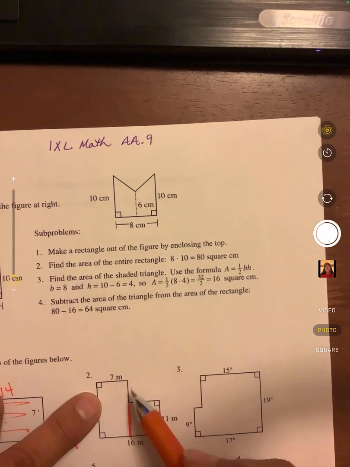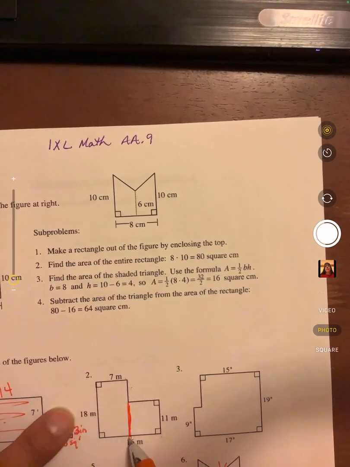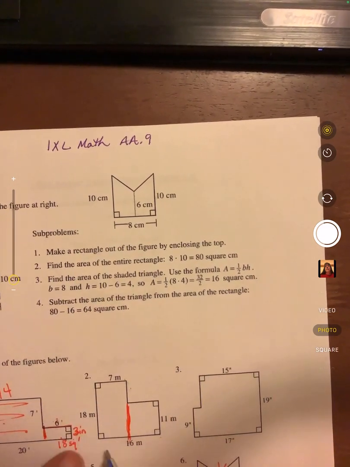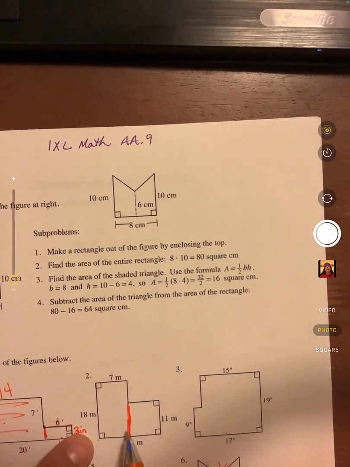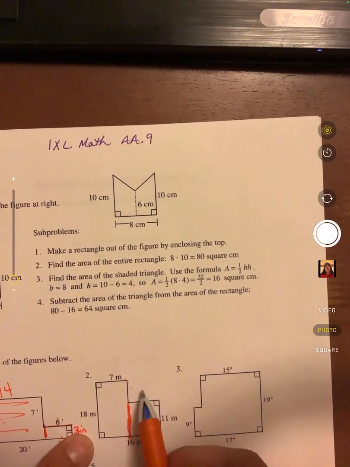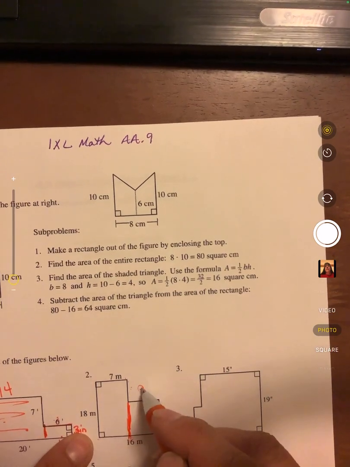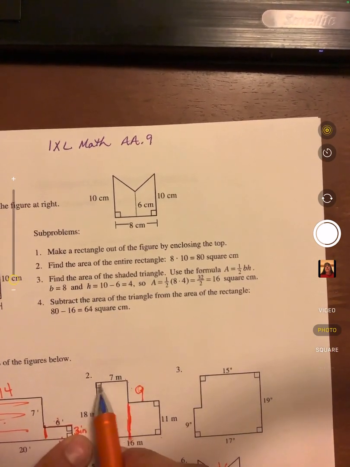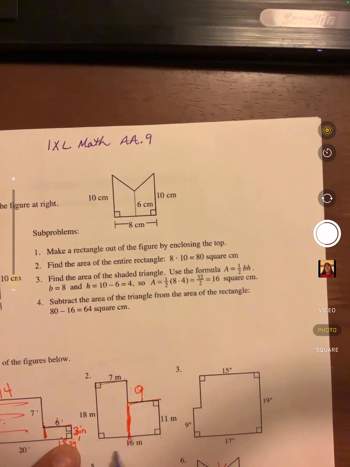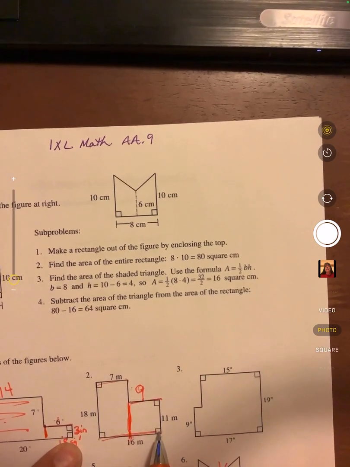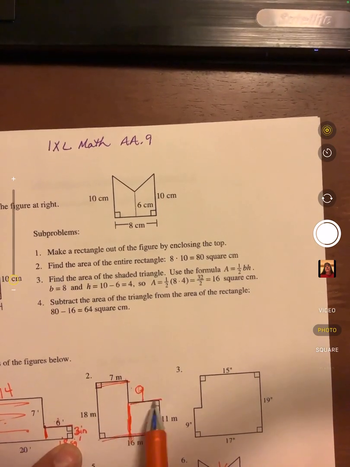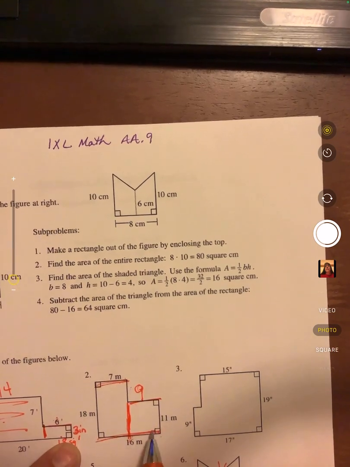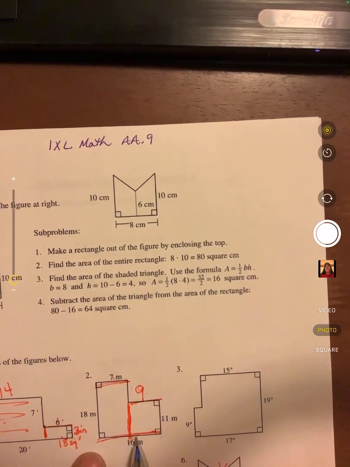But this is 16. If that's 7, that means this is 9, because this line plus this line needs to equal this line. 7 plus 9 is 16.